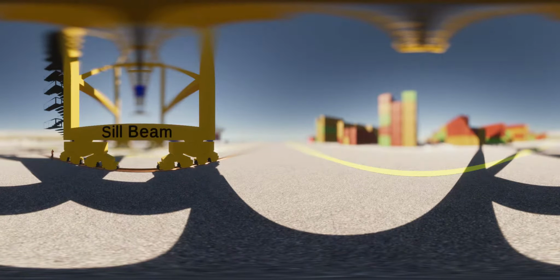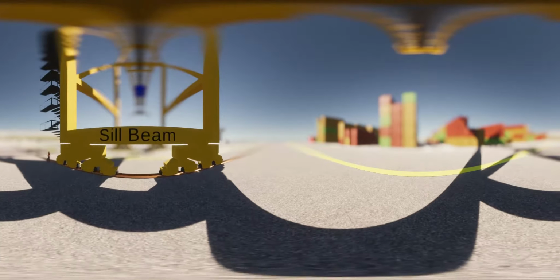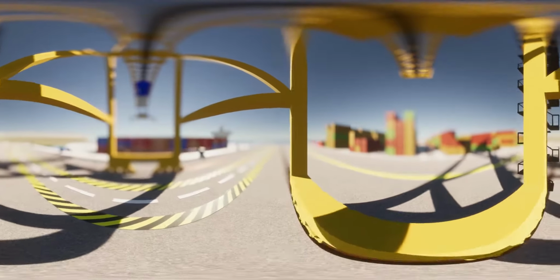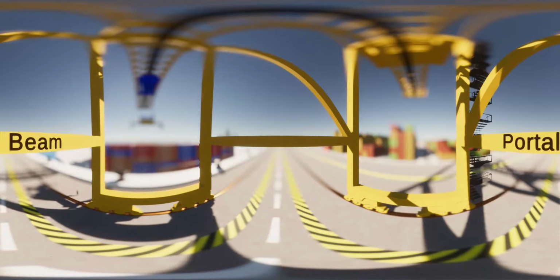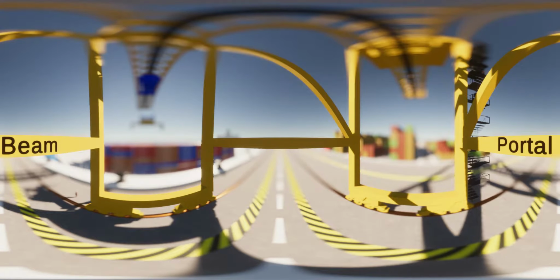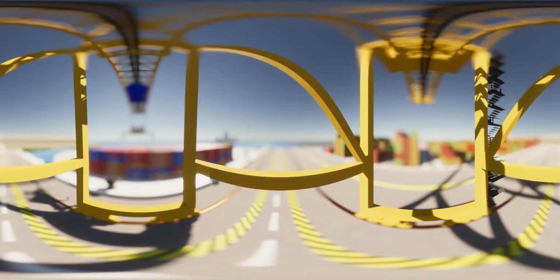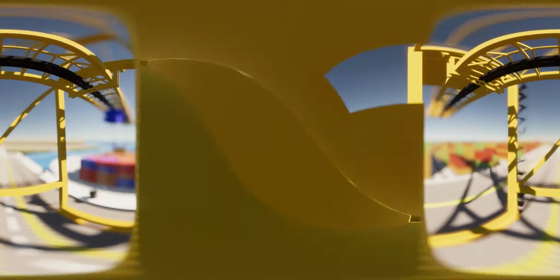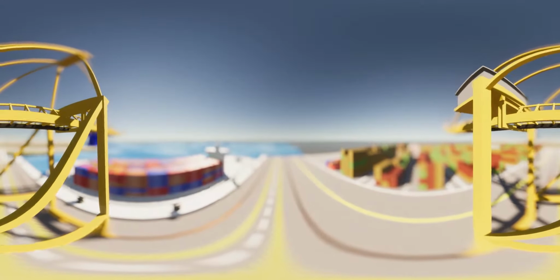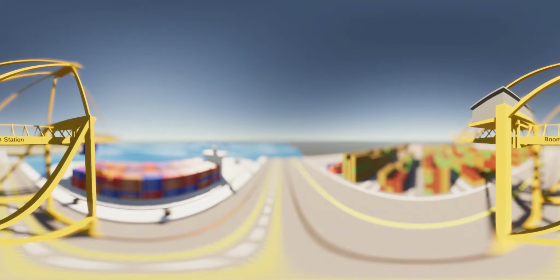This lower beam is called the sill beam. And the slightly upper beam is called the portal beam. This upper part is called the boom station.